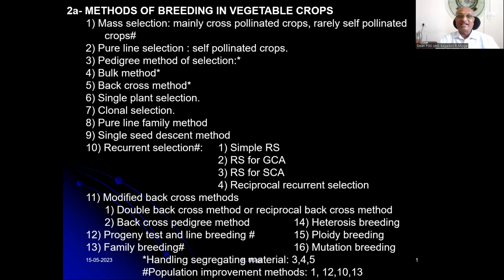So for handling that segregating material, you have methods like the pedigree method of selection and the bulk method of selection. In pedigree, in each and every generation you have to separate out and keep a record of individual plants. Whereas the bulk method is just like mass selection, but suited for self-pollinated crops, because you make the crosses and simply collect the seeds, right?